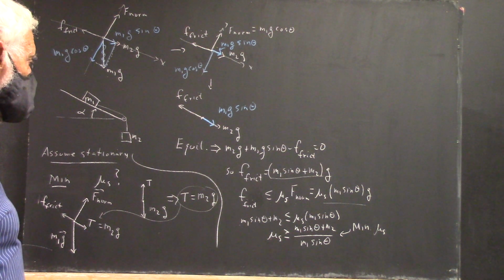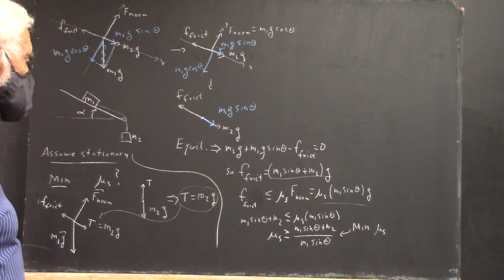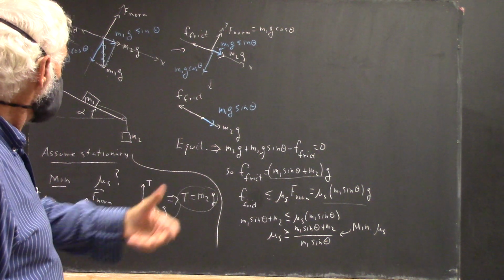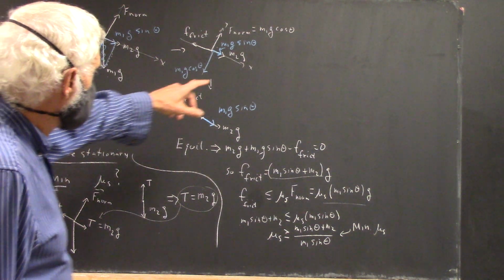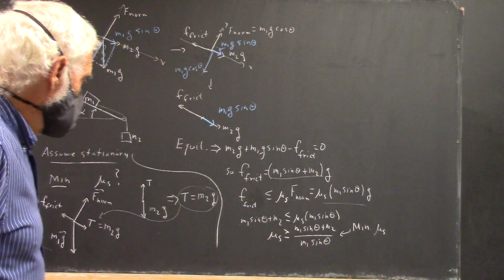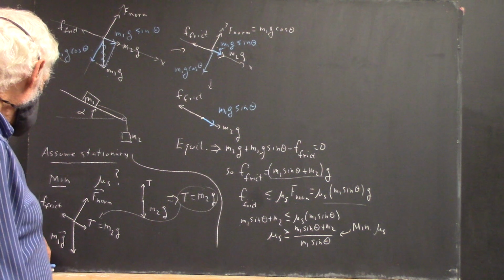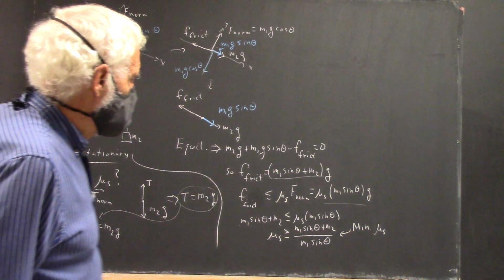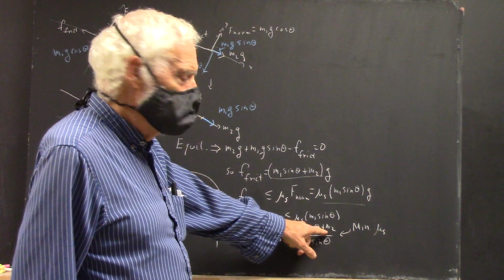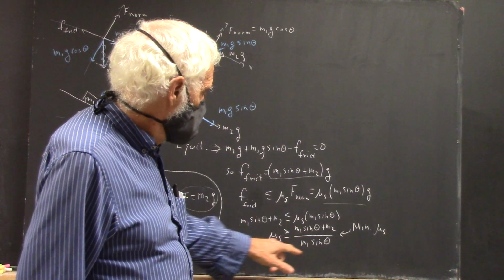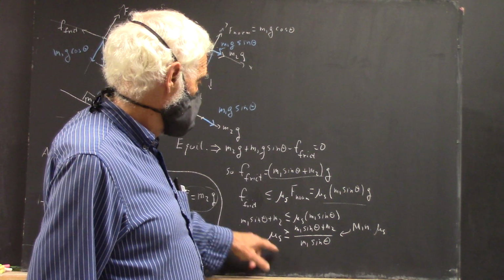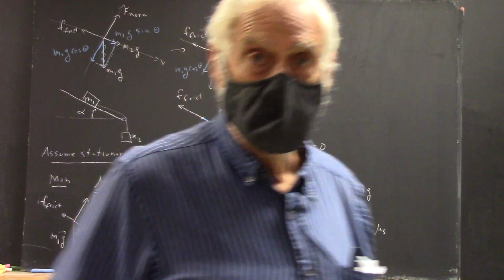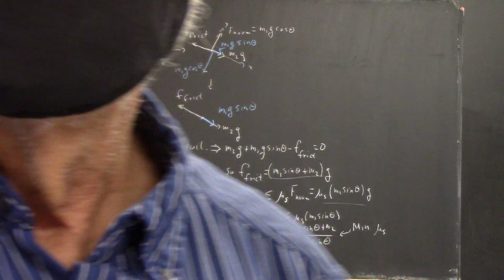Frictional force is coefficient of friction times normal force. Normal force is this. Well, we're out of time. So something's amiss here because asymptotically, as M2 approaches 0, we know the required coefficient of friction does not approach 1. Okay, so we have somebody offering a suggestion here.